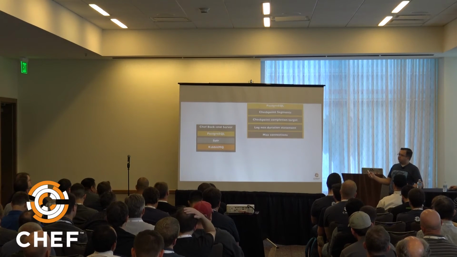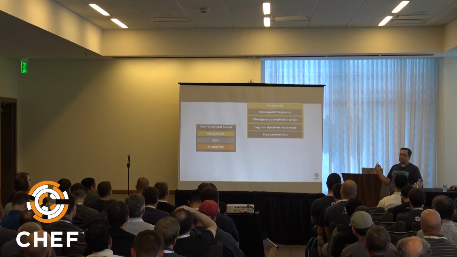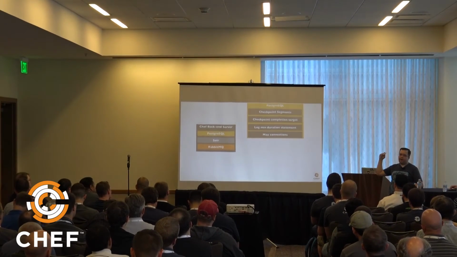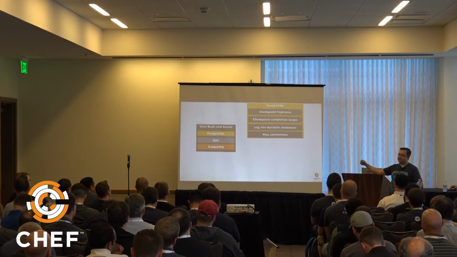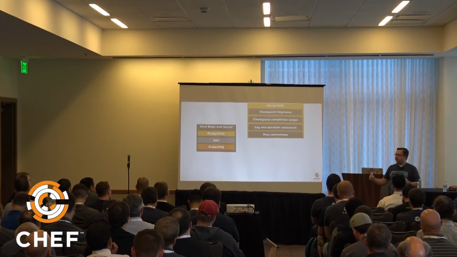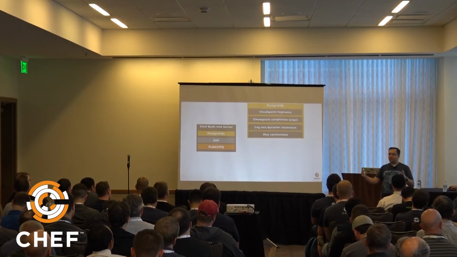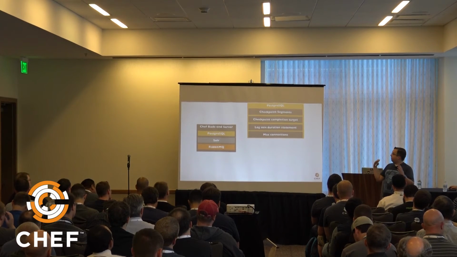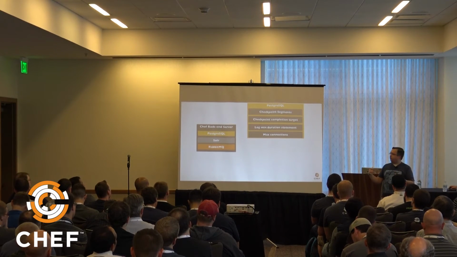And checkpoint completion target, so this is when Postgres expects to be done writing the previous WALs to disk through the next checkpoint segments. I'm sorry if I'm not doing a great job of explaining that, but basically it's usually at 0.5, so halfway through writing the last set of write-ahead logs onto disk, it expects that it's going to be done with the previous set.